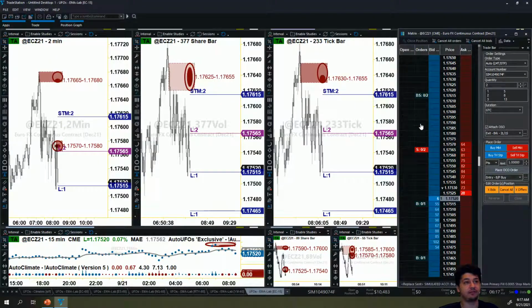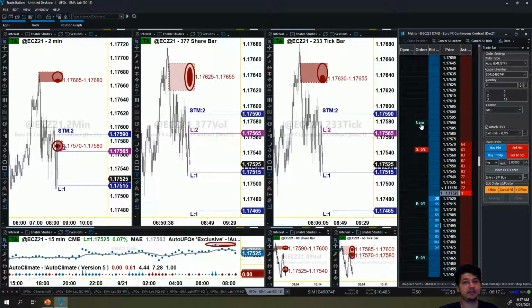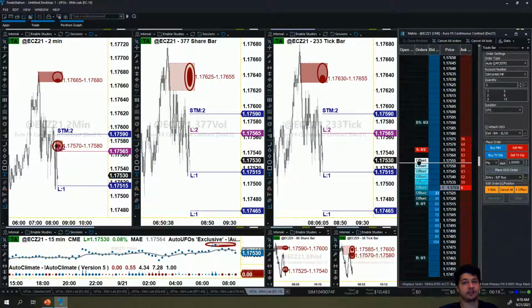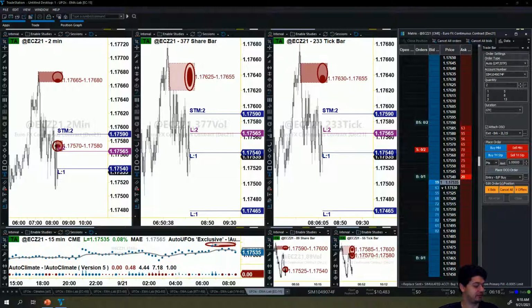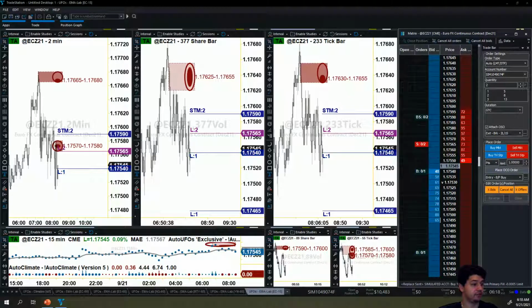So I'm going to put my stop at 90. That's only 1, 2, 3, 4 ticks. Incredibly small risk there. But of course it is takeable.